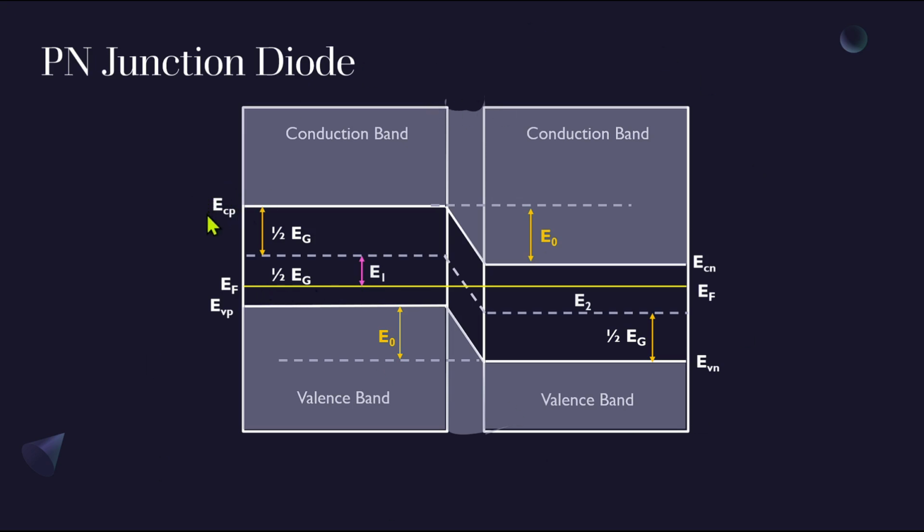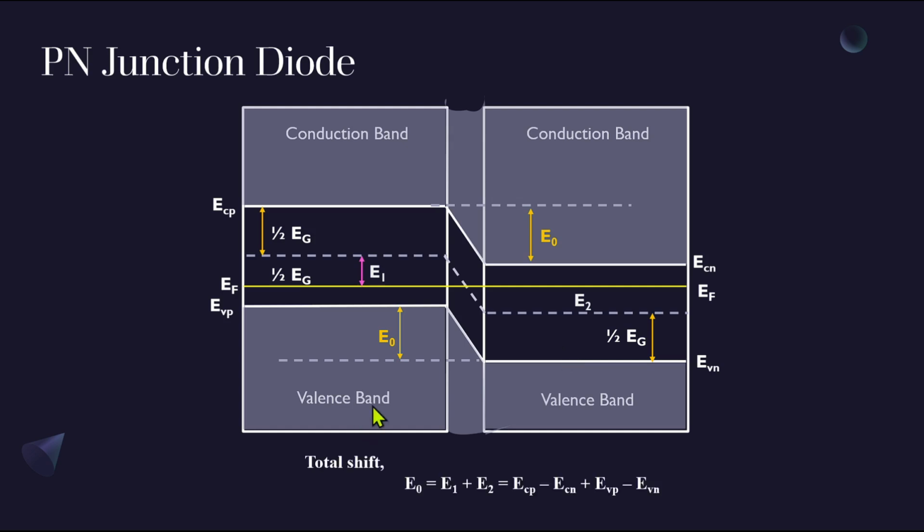And we have ECP, which is the lower region of the conduction band in the p-type, and ECN, which is the lower region of the conduction band in the n-type. So the P and N represent the sides, that means either the P side or the N side. Similarly we have EVP and EVN, and the difference between the valence band and the intrinsic level is given by half of EG, where EG is the band gap energy.